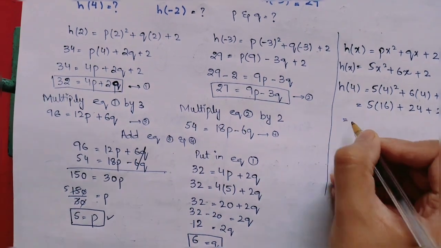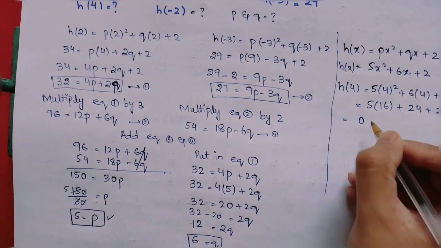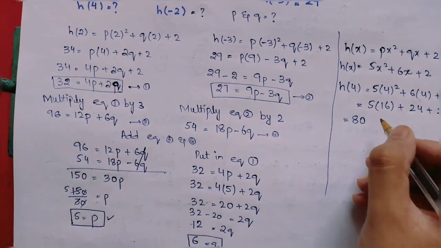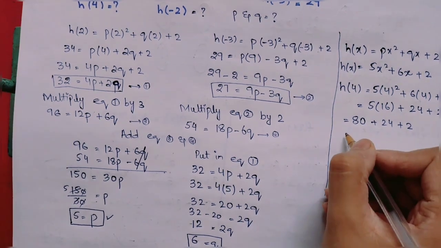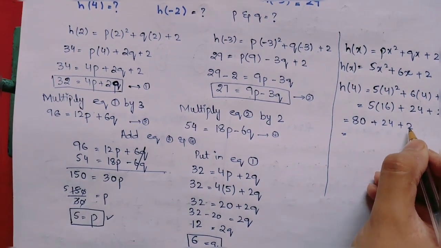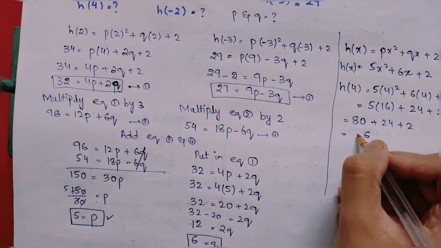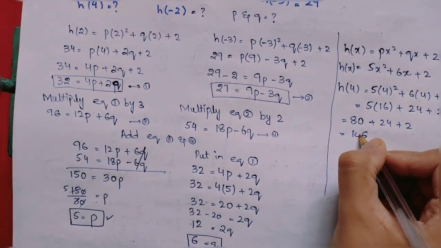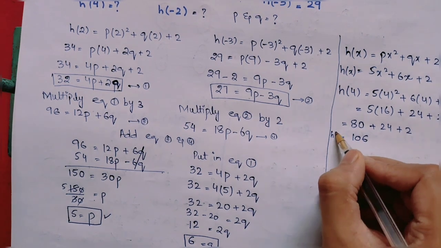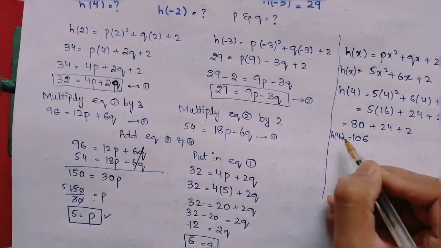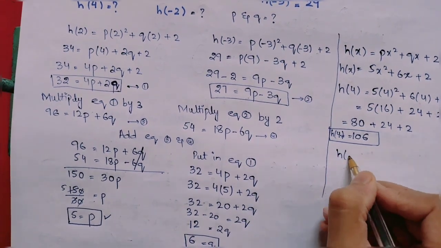Now simply simplify it. 4 plus 2 becomes 6 and 8 and 2 becomes 10. So this is your h of 4.